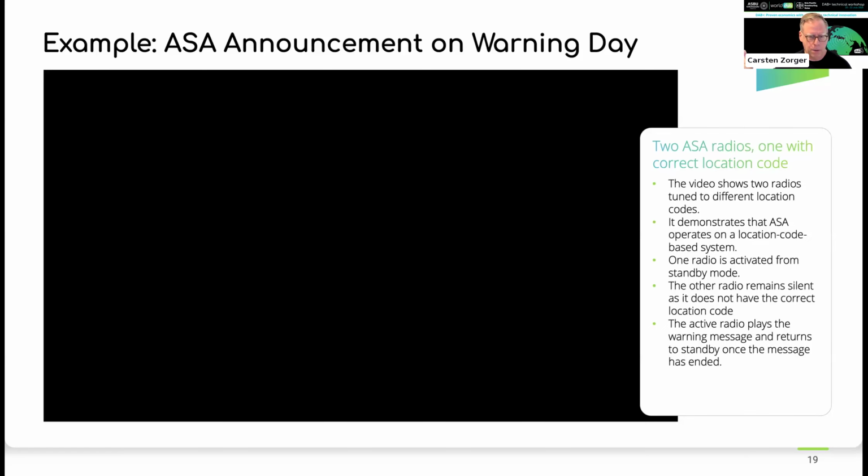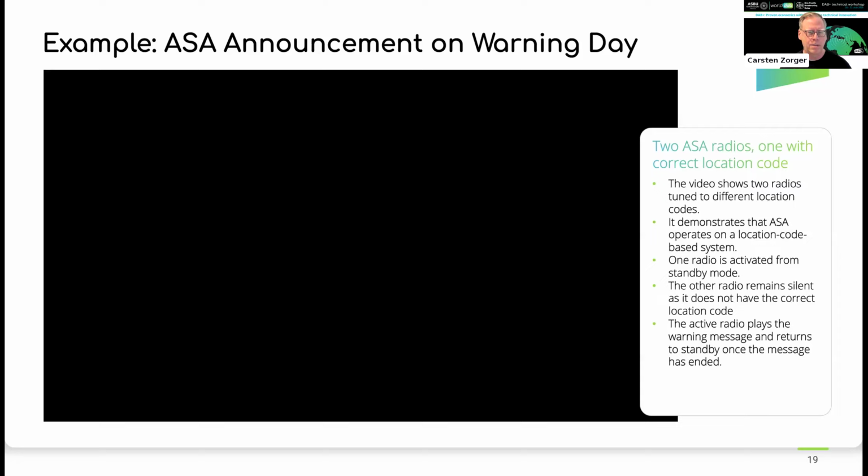This one will demonstrate that radios can be woken up with a location code from standby. And you will see another radio which will remain silent. This radio, you'll see a little picture above the radio, has a location code which is just 1 kilometer next to the active location code, just 1 kilometer apart. This is how detailed ASA is working.